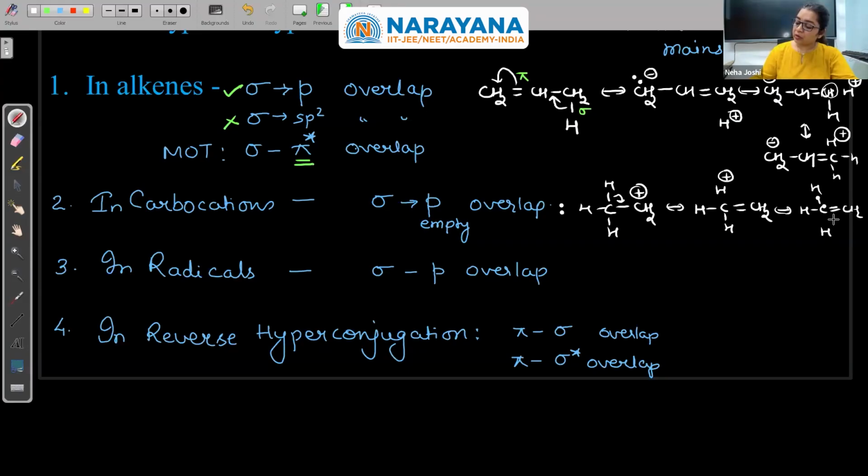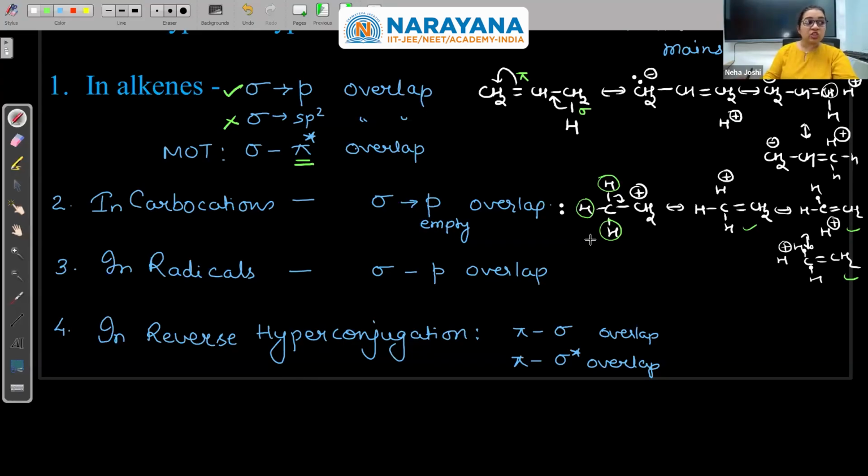Then this H is gone. And now this last H I have to remove, say, this H is gone. So there were a total of 3 alpha H, 1, 2, and 3. As a result, we got 3 hyperconjugative structures for this carbocation.